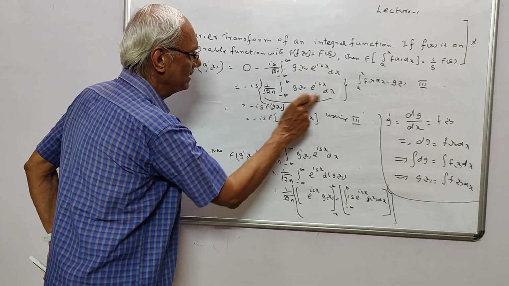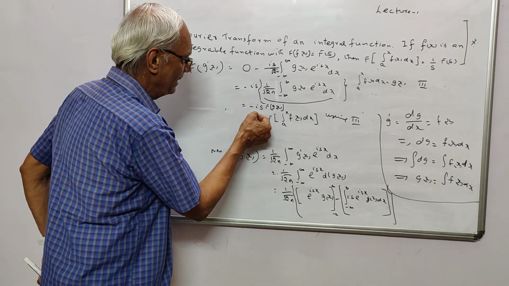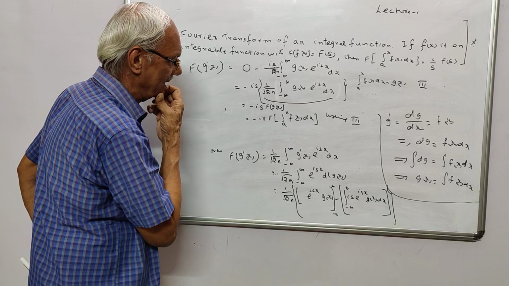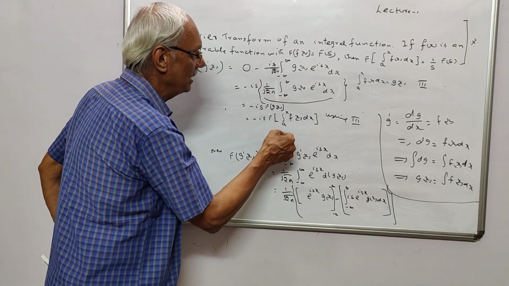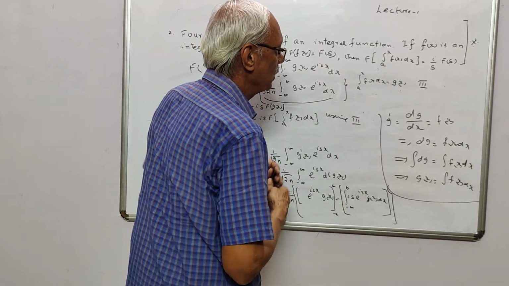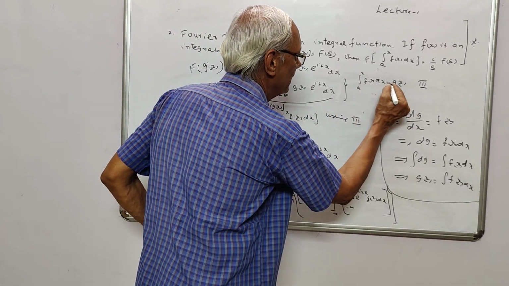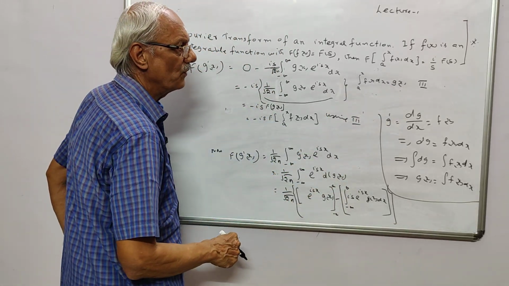But I know that this is nothing but the Fourier transform of f of x. So I write minus is into F of g of x, because I know that this g of x is equal to what? Your g of x is equal to integral from a to x of f of x dx.